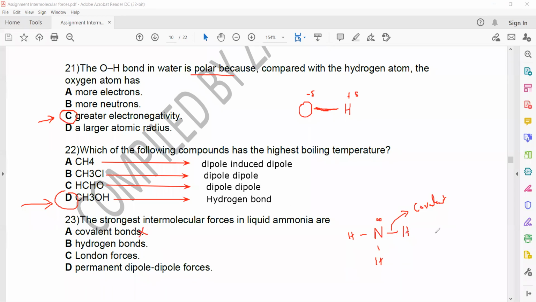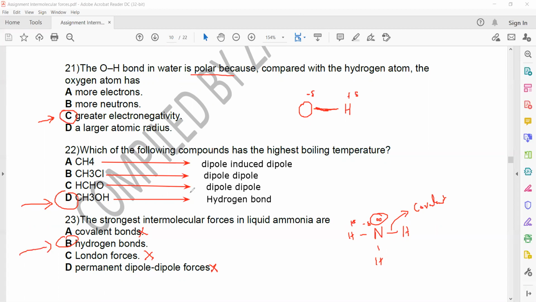When nitrogen is bonded with hydrogen and there's a lone pair, it can form a hydrogen bond. Then dispersion forces or London forces will be there, but that is weaker. And permanent dipole, yes, there will be a permanent dipole as partial negative and positive, but it will not be stronger. The strongest one will be the hydrogen bond. So B will be the right answer for question 23.